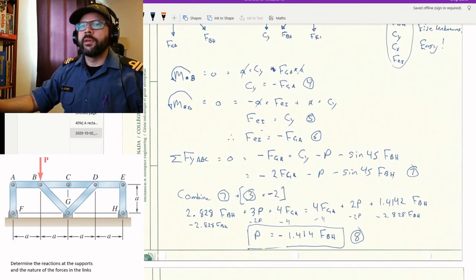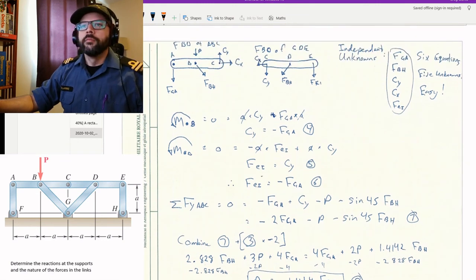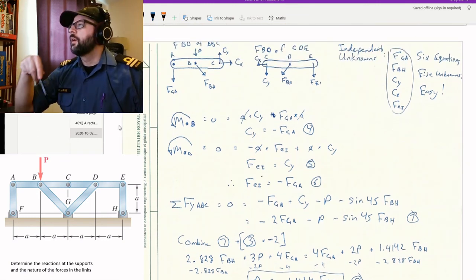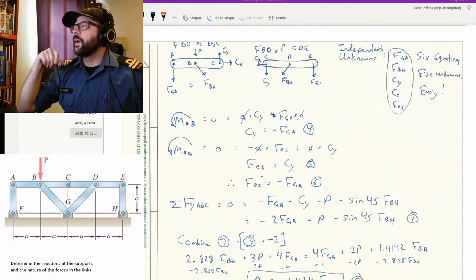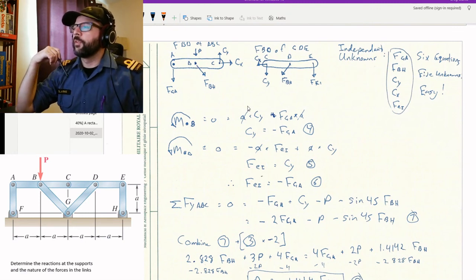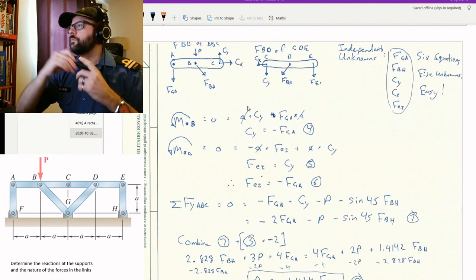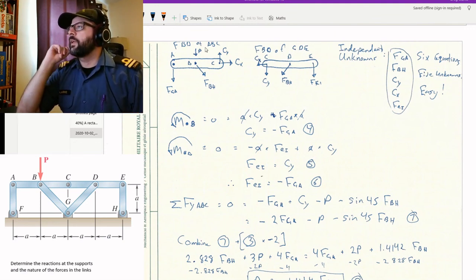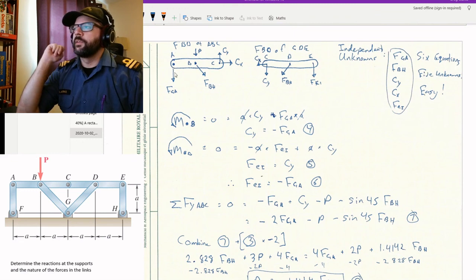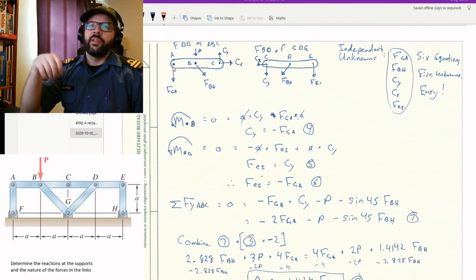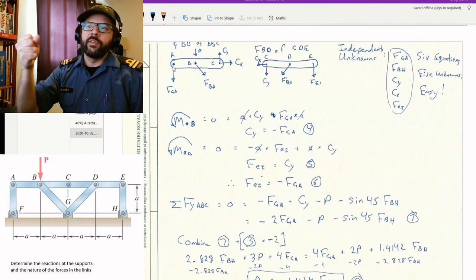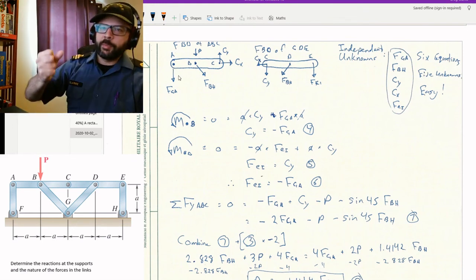So what we can do here is look at a free body diagram of the links themselves, the multi-force members themselves. So if we look at the bar ABC here, that's going to have just the force from GA. Again, it's a tensile force, so the link itself will be pulling on the bar because it's tensile.